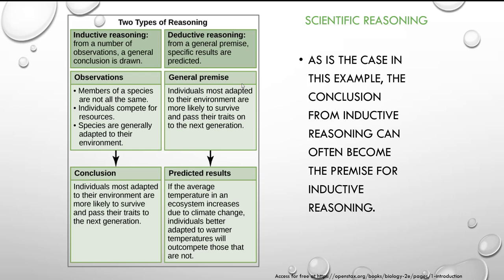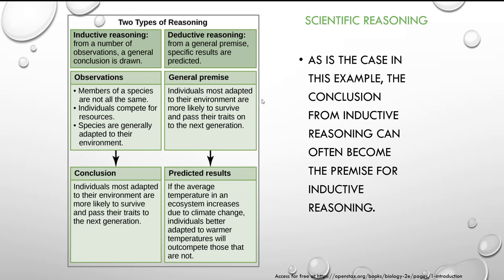Basically, we concluded that individuals most adapted to their environment are more likely to survive and pass their traits on to the next generation. So now I can take that general premise and I can predict that if average temperature in an ecosystem increases due to climate change, individuals better adapted to warmer temperature will outcompete those that are not.